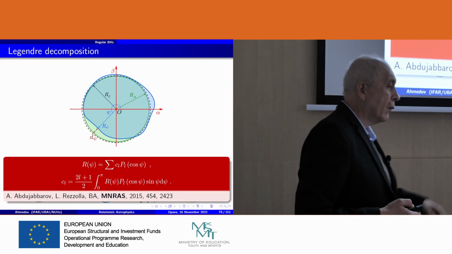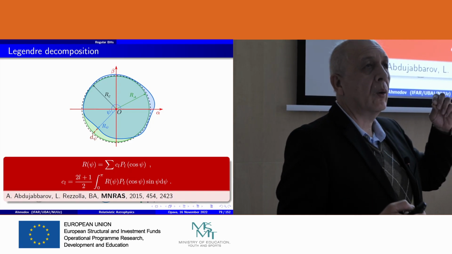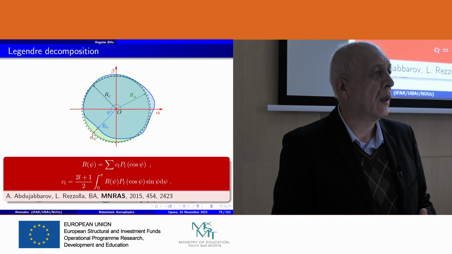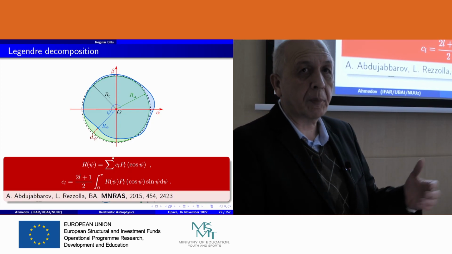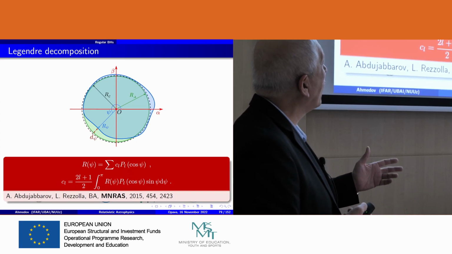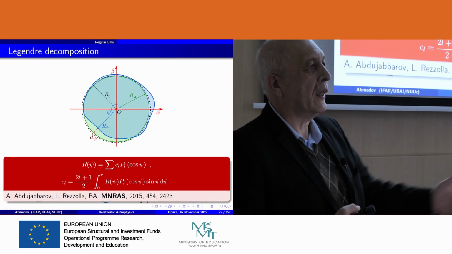But as I said, if the shadow is not closed, if it has some different structure with respect to the circle, then we need some formalism which can describe a shadow of any type.